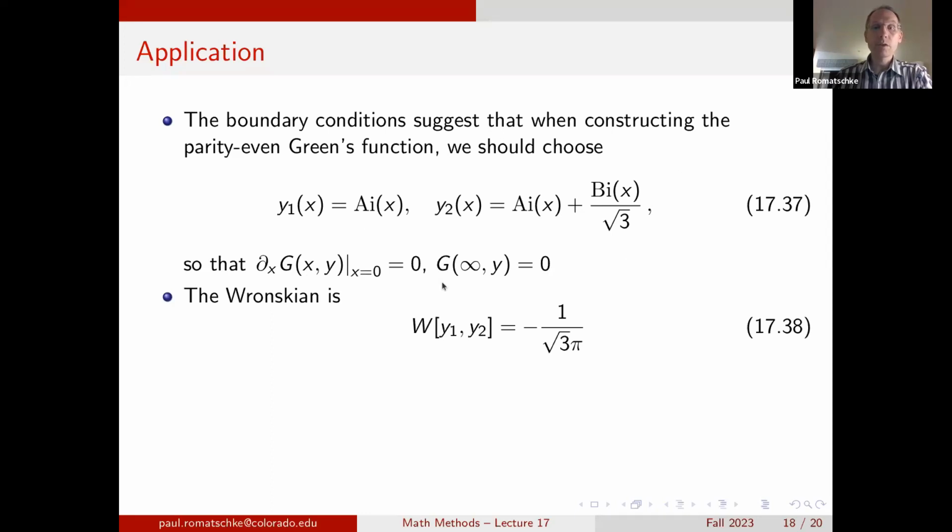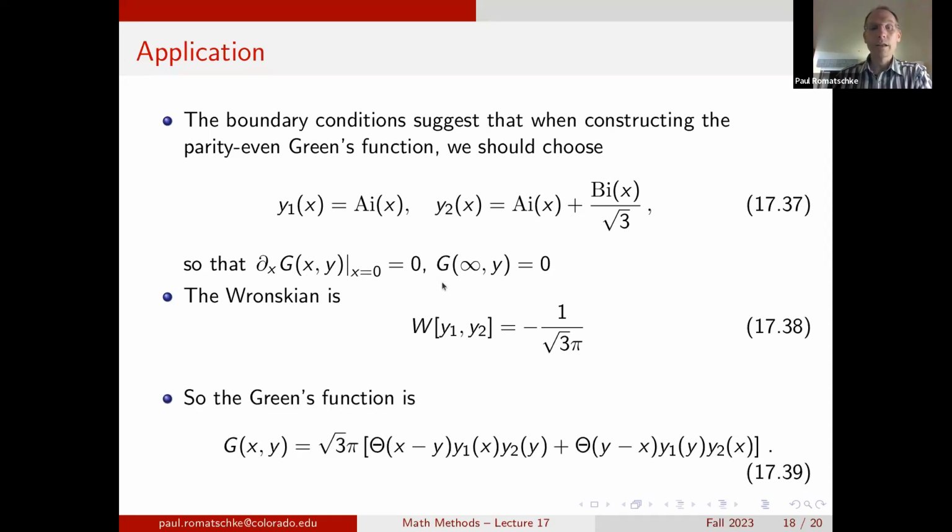The Wronskian between these two solutions is also known as just minus 1 over square root of 3 times pi. And then we can write down the Green's function explicitly using our method 1 in this following form, where you can check that this first term, where x always has to be bigger than y, is the one that has y1 of x over here.